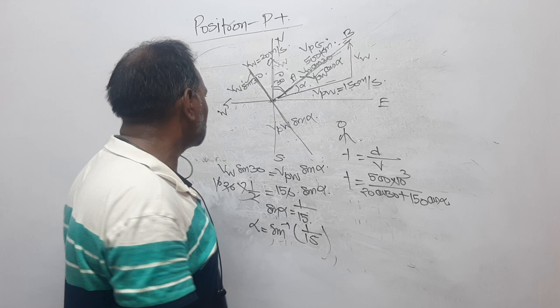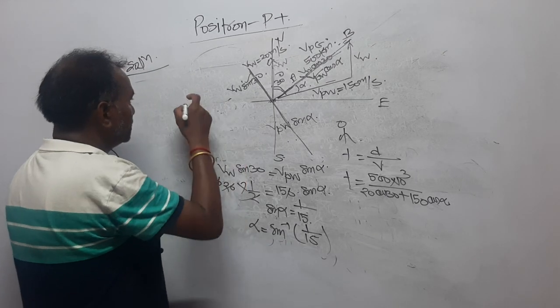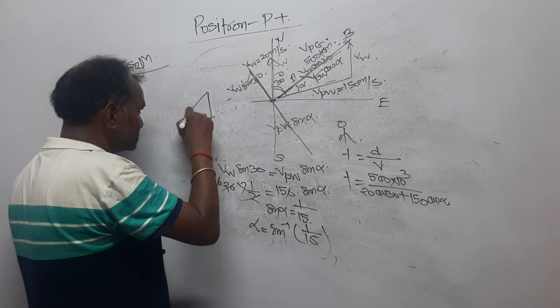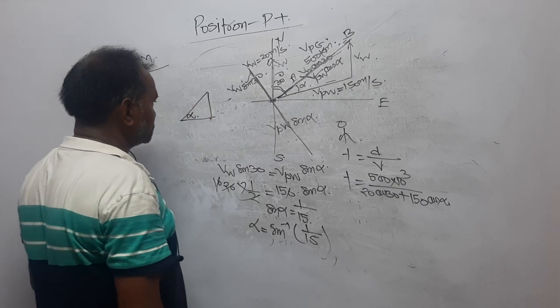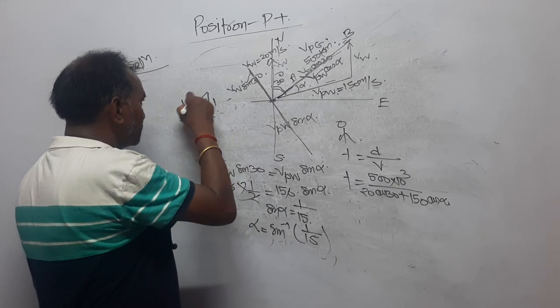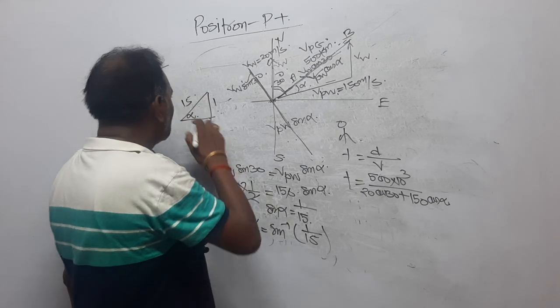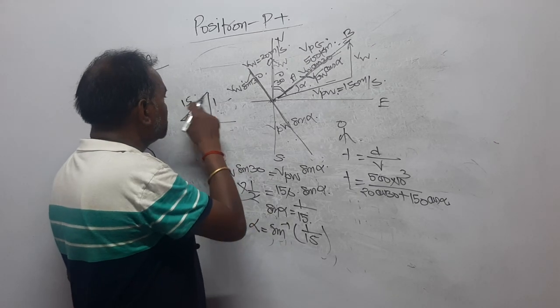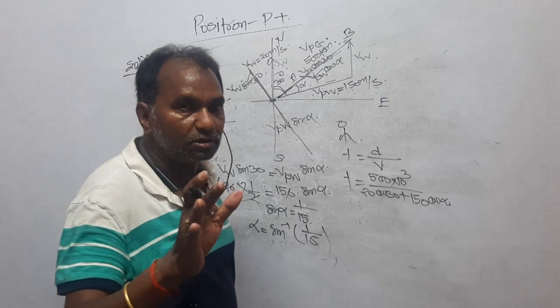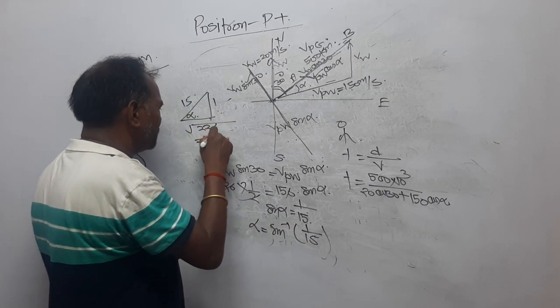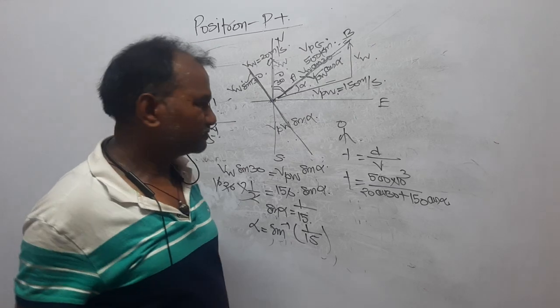You have to find out cos alpha, no problem. Sin alpha, look here, this is alpha, sin alpha equals perpendicular upon hypotenuse, and this one will be root of 225 minus 1, root 224, actually it is 15, for me it's 15, right?